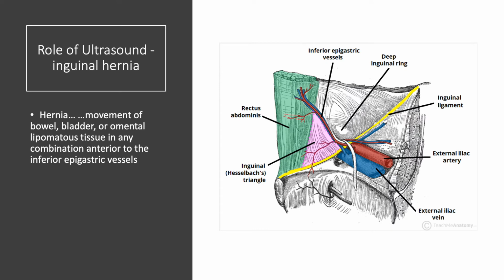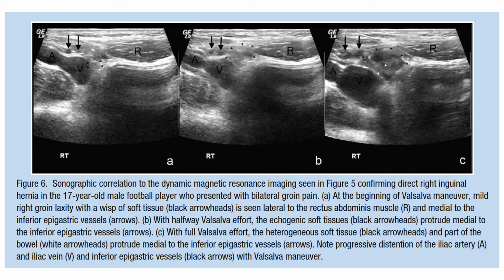Ultrasound can be very important in the diagnosis in terms of inclusion and exclusion of this condition. A hernia is defined as movement of intra-abdominal contents through the inguinal canal or pushing against the inguinal canal, and this can be observed on ultrasound. We see 3 pictures here.